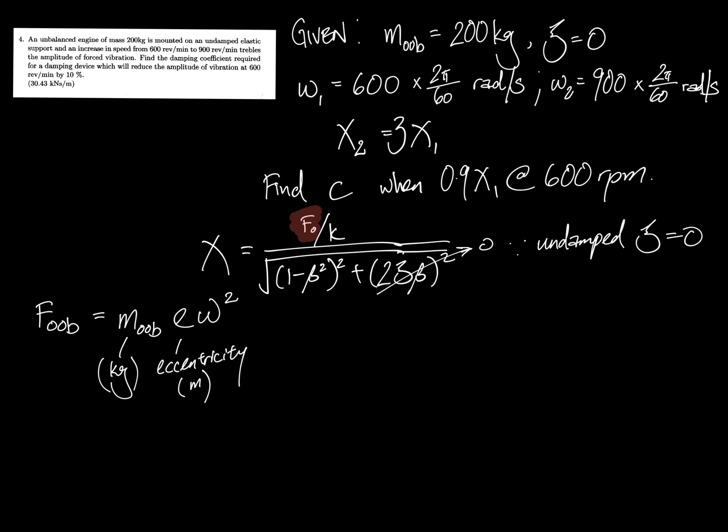So now we can substitute this out of balance force into our equation for x, which will give us M OOB E omega square. So this whole term goes to 0, and now we have only this term here.